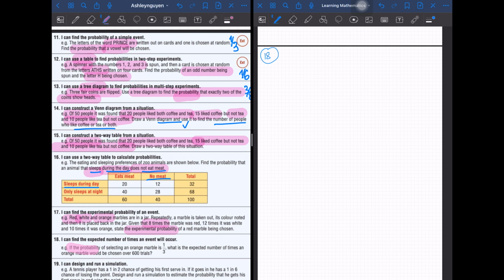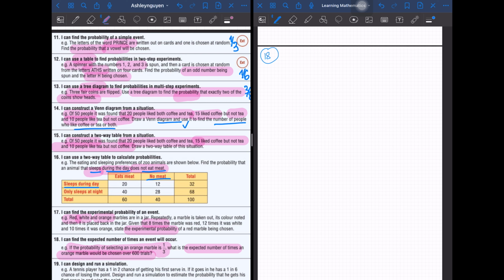If the probability of selecting an O-ring is a third, it should be linked to the previous question. What is the expected number of times an O-ring member was chosen over 600 trials?